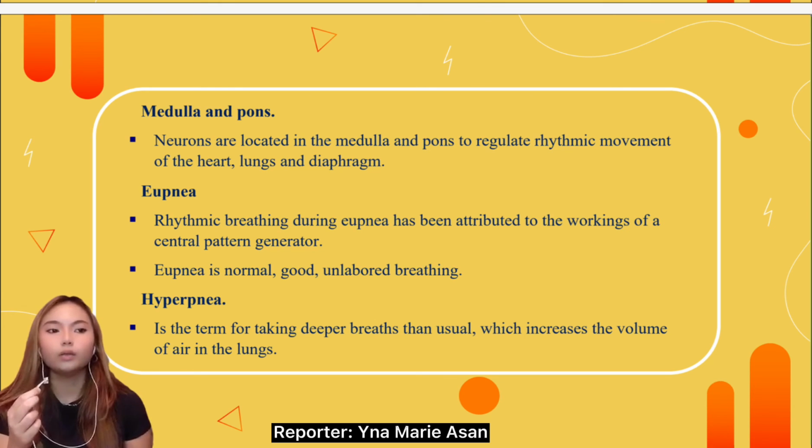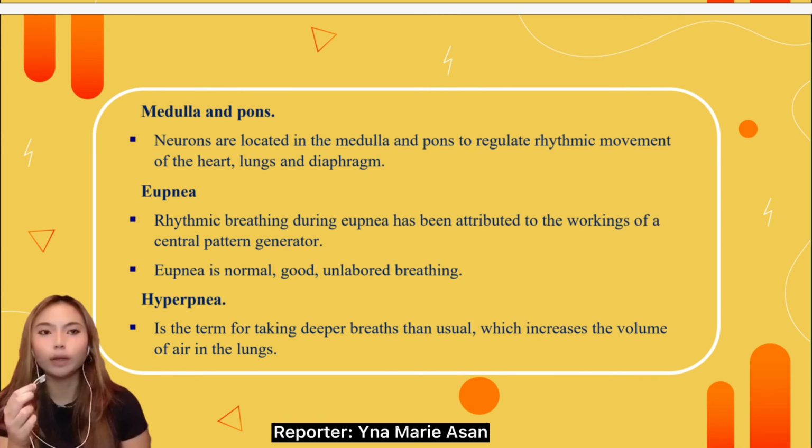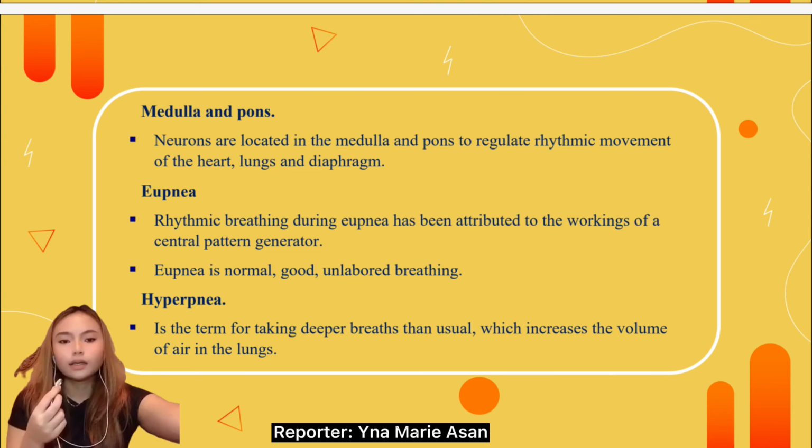So, there are two regions of the medulla that control respiration. First is the ventral respiratory group, which stimulates expiratory movements. And the second one is the dorsal respiratory group that stimulates inspiratory movements.